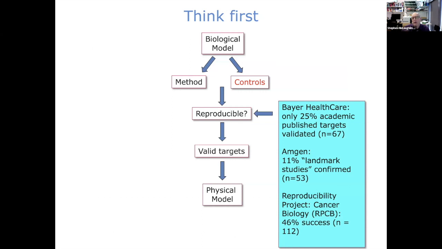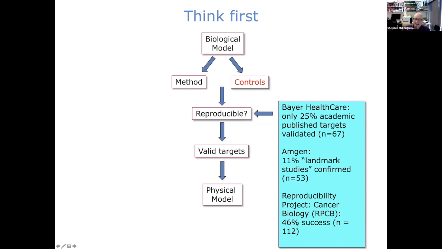Bayer Healthcare did a screen of 25% of published targets, and found that they could only reproduce 25% of them. Amgen did a similar study with 53 studies, and only 11% of them could be confirmed. And then just before Christmas, there was a report from the Reproducibility Project, specifically on cancer biology, where they tried to reproduce 112 different experiments, and only 46% were reproduced.